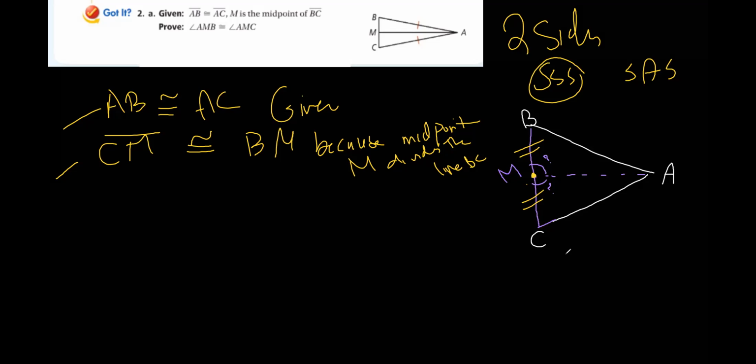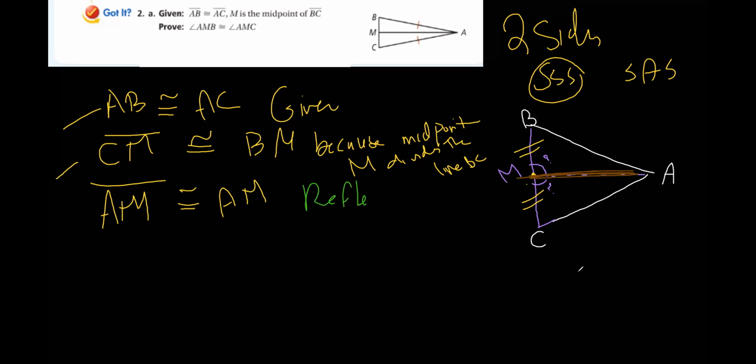So what does it mean? I want to search for a side that is congruent. It's going to be AM. AM is congruent with AM, this one here, because of the reflexive property.